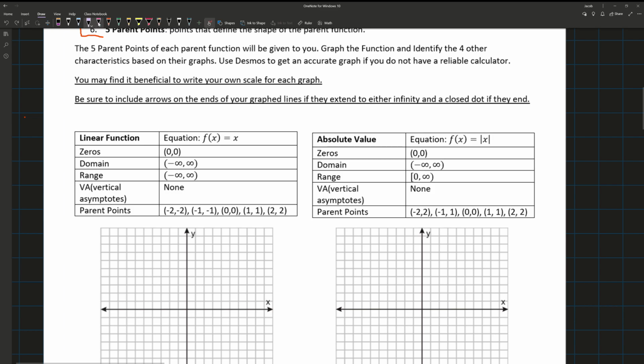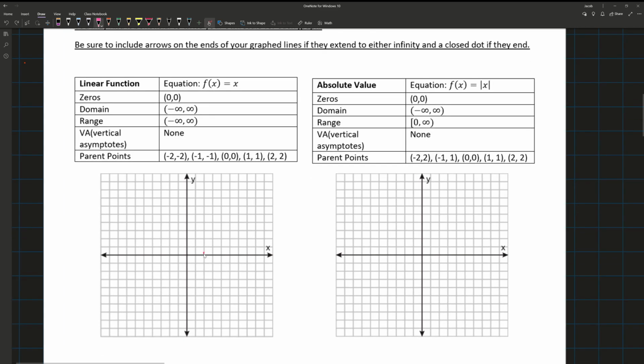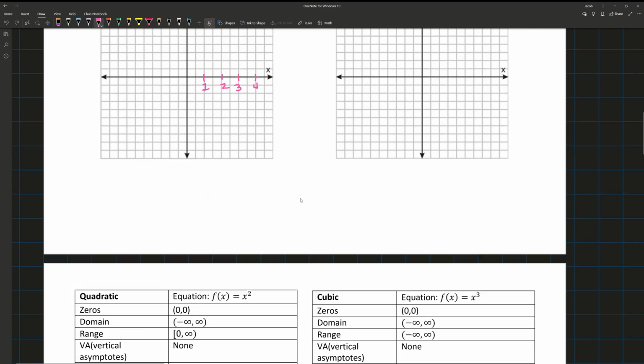And then I also encourage you to write your own scale if you think these grids are too small. So if you need to change the scale to 2 units is 1 unit, and so on, you're more than welcome to do that. I'm going to leave this up to you for the linear and absolute value functions.